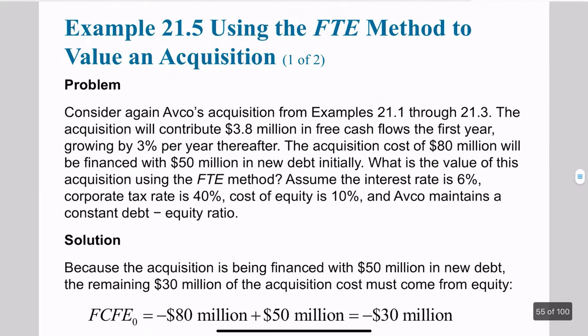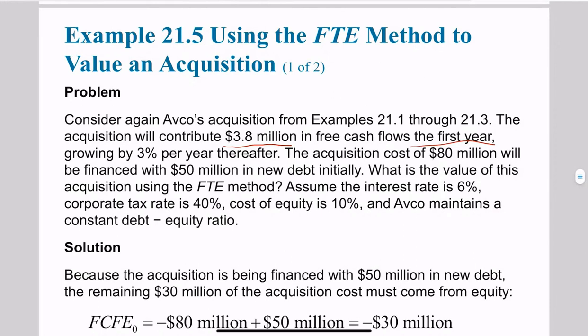Okay, now let's see this example again. We're discussing this example that Avco makes an acquisition. Right? So we know that the acquisition will contribute $3 million in free cash flows the first year. And then the constant growth rate would be 3%.